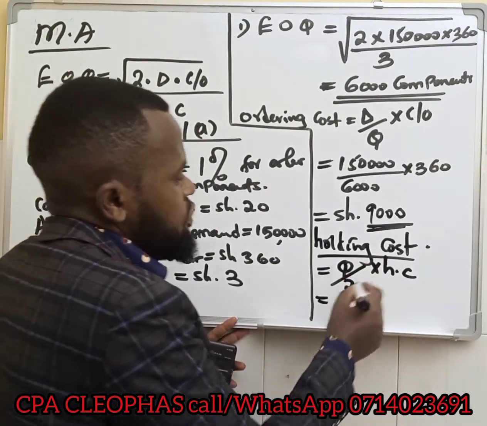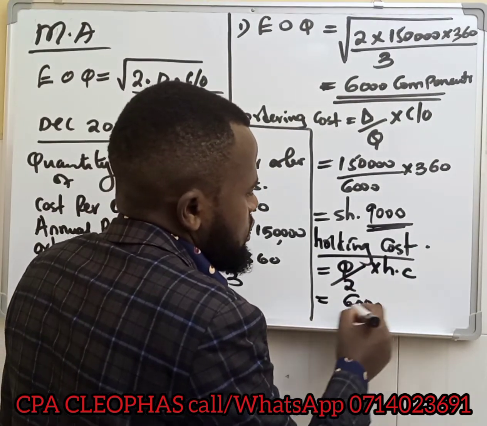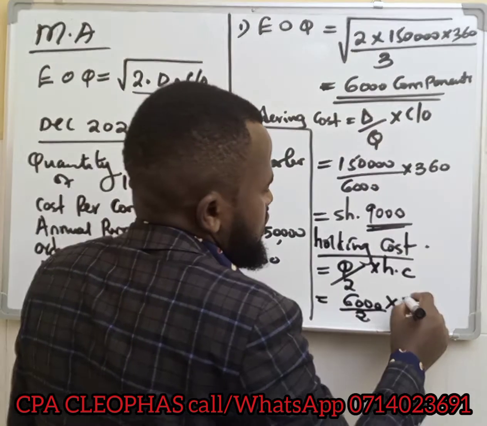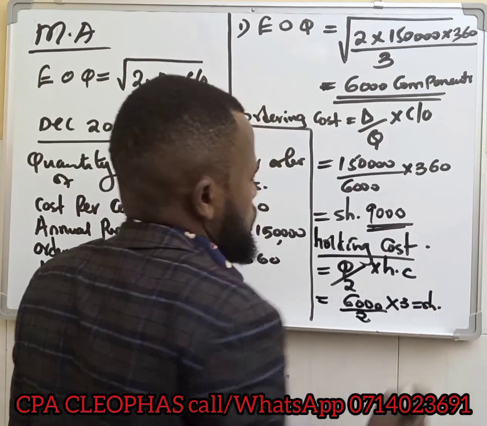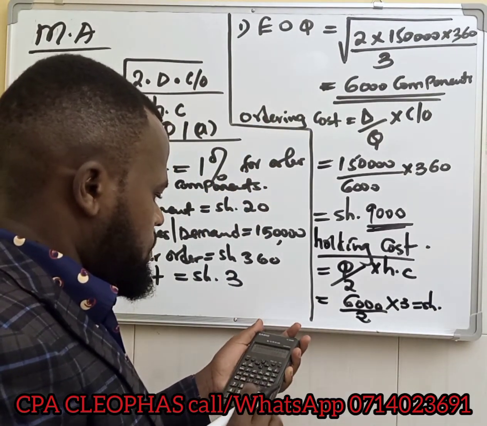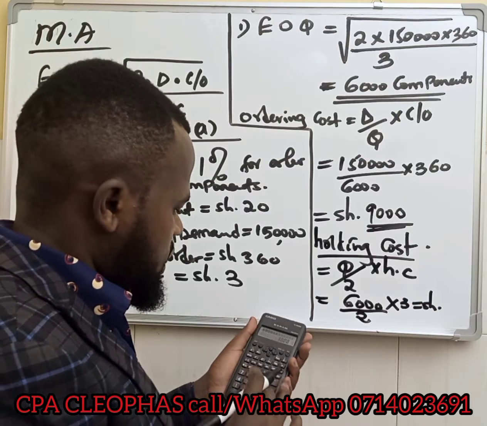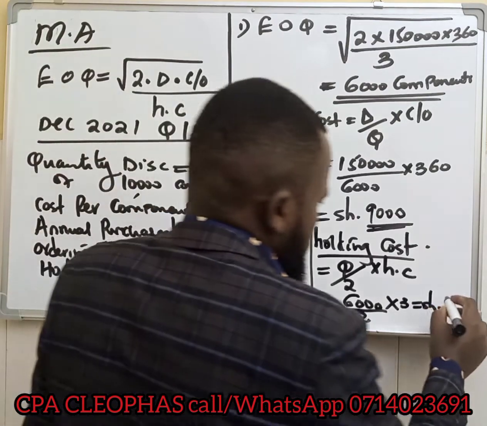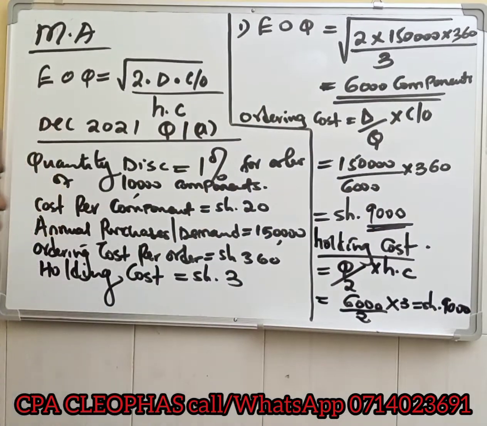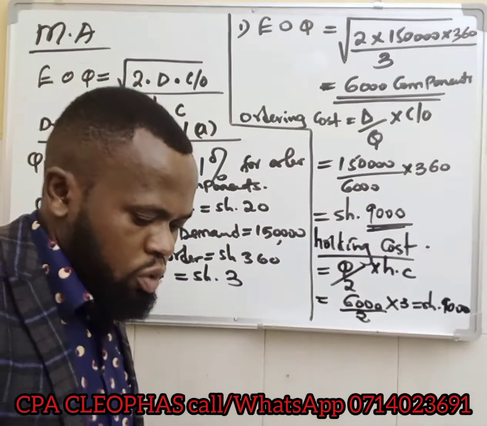Our Q is EOQ, 6,000, divided by 2, times the holding cost of 3. 6,000 divided by 2 is 3,000, and 3,000 times 3 gives you 9,000 as the other one. So that is the holding and the ordering costs.